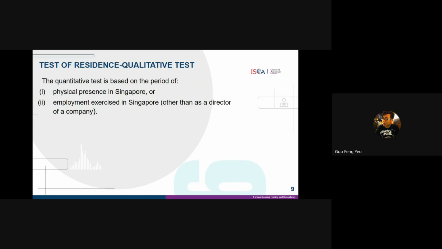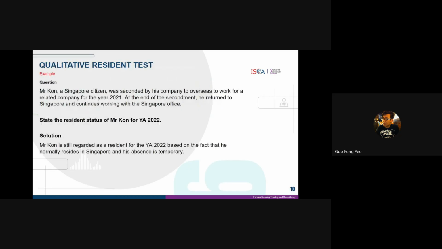You may wish to note that the director here refers to the legal director of a company that is recorded in ACRA. Now, typically, qualitative tests would be something that we want to talk about in terms of the reasons for absences. So let's look at one particular example on how it could be applied.